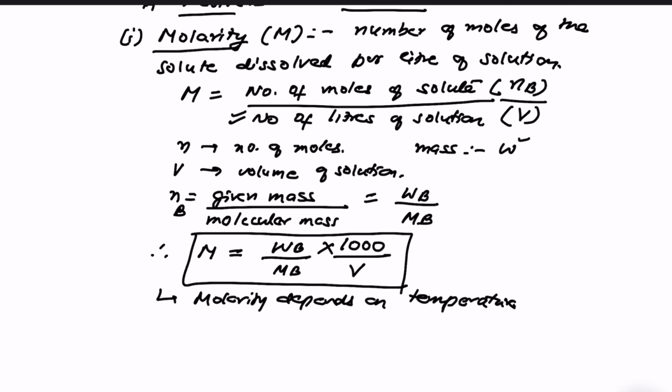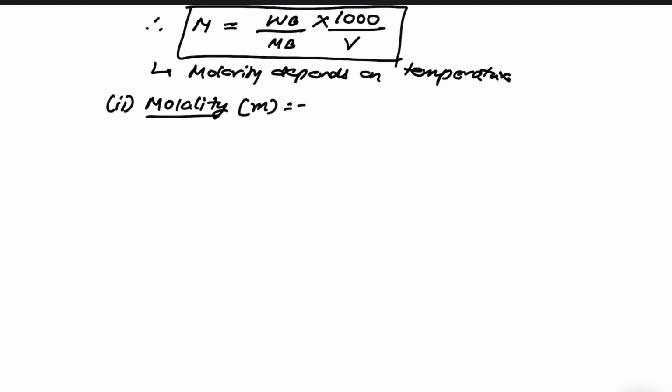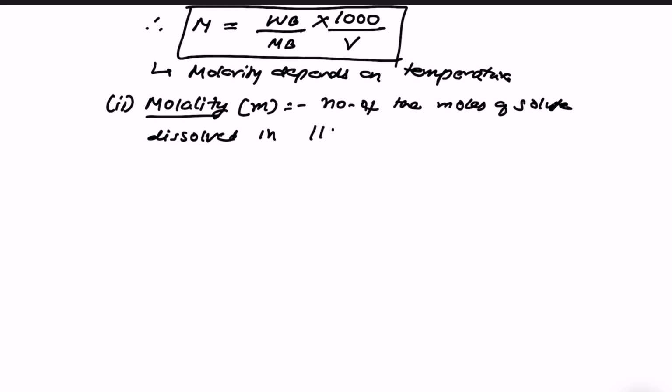The second term which is used to express concentration, and which will often be used in this lesson, is molality. Molality is denoted by small m. Molality means the number of moles of solute dissolved in 1 kg of the solvent, while in molarity that was volume in liters.